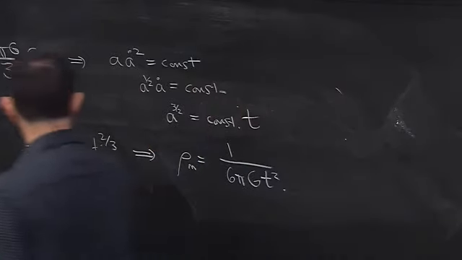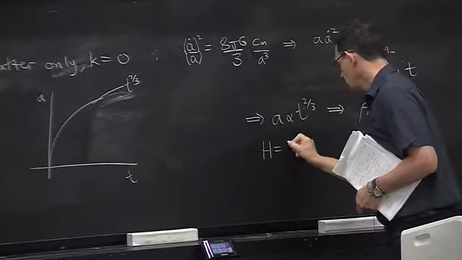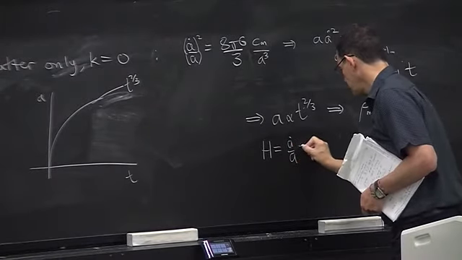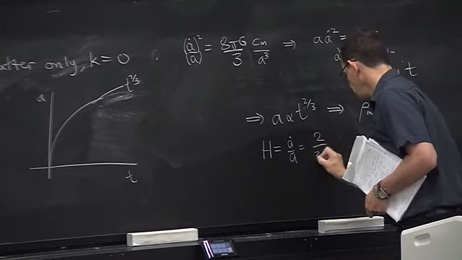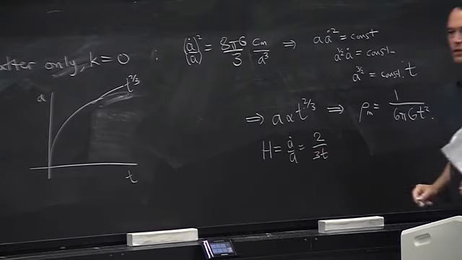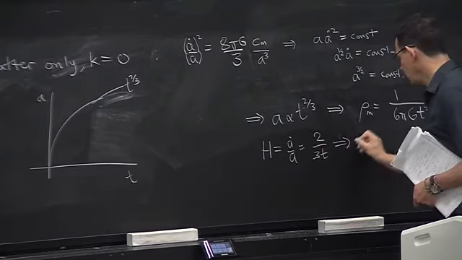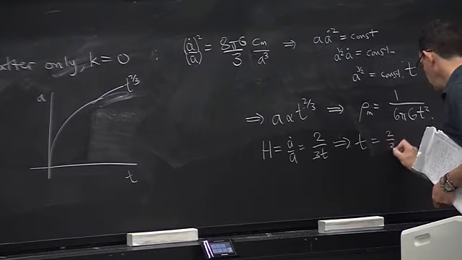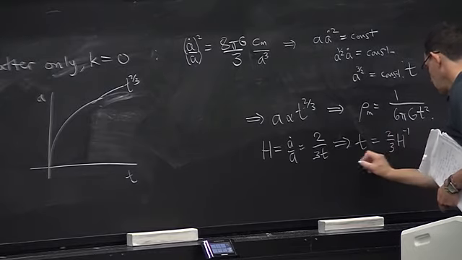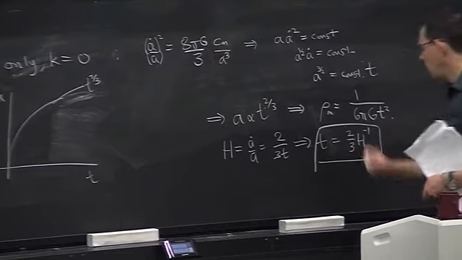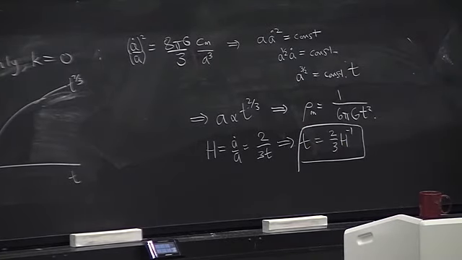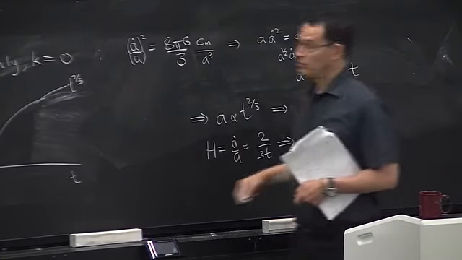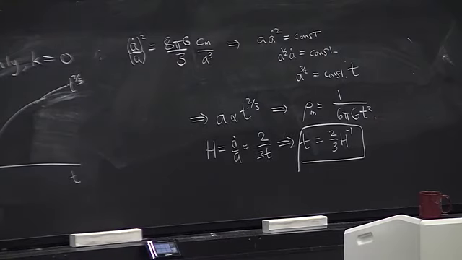And even easier, you can see that the Hubble constant, which is a dot over a, is equal to 2 over 3t. So the age of the universe is just 2 over 3 H inverse. That's the age of a matter-dominated universe. Now, we've measured the Hubble constant, 65 plus or minus 10.